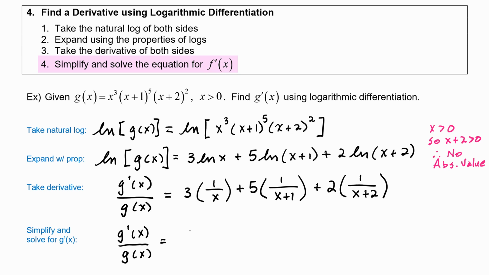On the right-hand side, we have 3 over x from that first term plus 5 over x plus 1 for the second term plus 2 over x plus 2 for the third term. Now we will need to get the LCD.